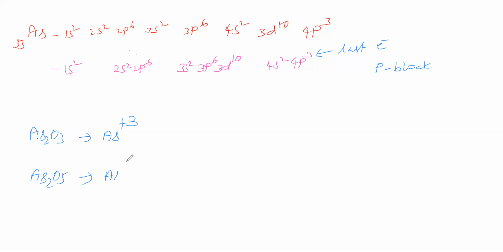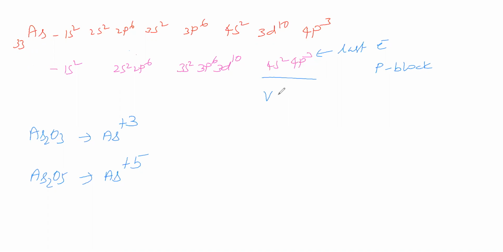In As2O5 arsenic has a +5 charge, meaning arsenic can donate 5 electrons during a chemical reaction. Therefore arsenic shows a +5 oxidation number, and can donate a maximum of 5 electrons, from 4p3 and 4s2.